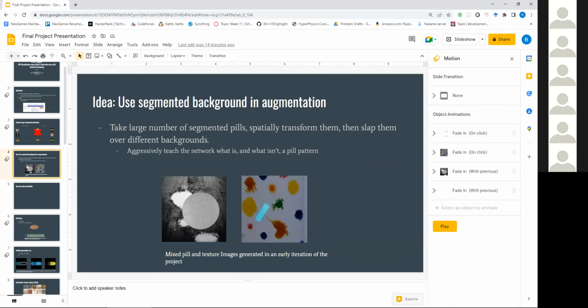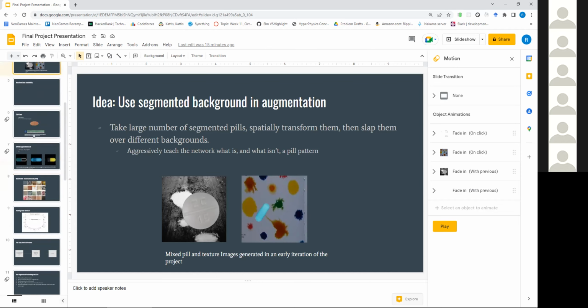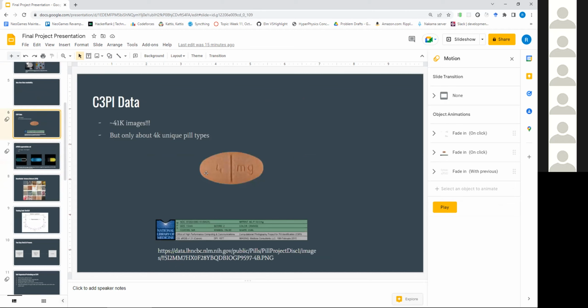I hope injecting other patterns into the image which are not the pill would help it. The idea originally came from when I was trying to segment the pills myself to get a large pre-training data set. I slapped on these textures so that I could generate synthetic images and know where the pill was. But I just carried that into my final project when I decided to reuse some already segmented ones.